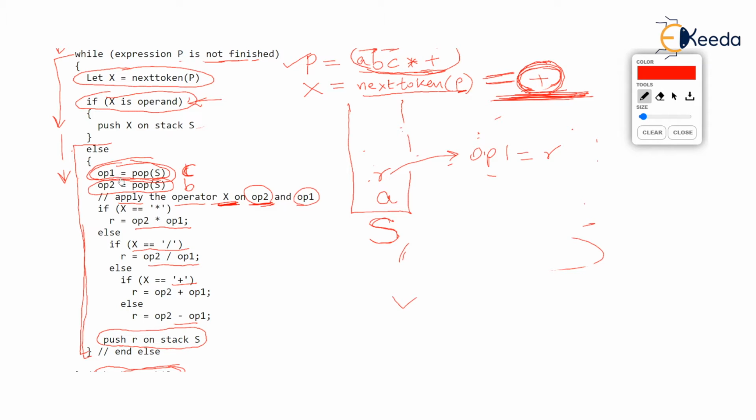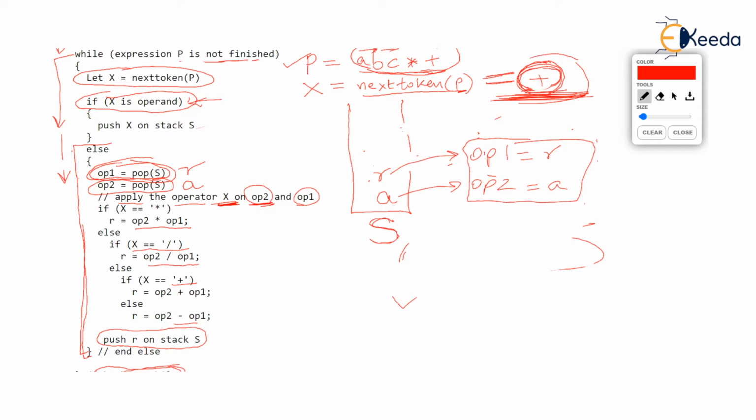Yes, everyone? The first operand taken out will be R. And the second pop is going to give us A. So OP2 is going to be A. Now what do you do with this OP1 and OP2? You apply the operator. The operator was plus.